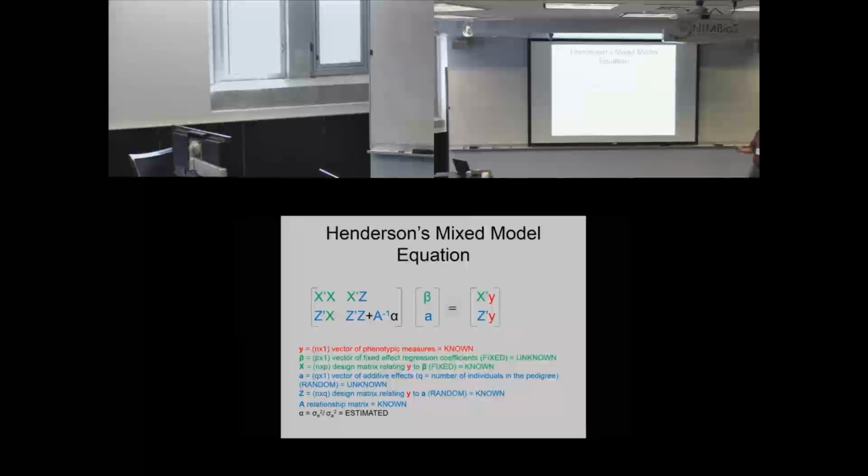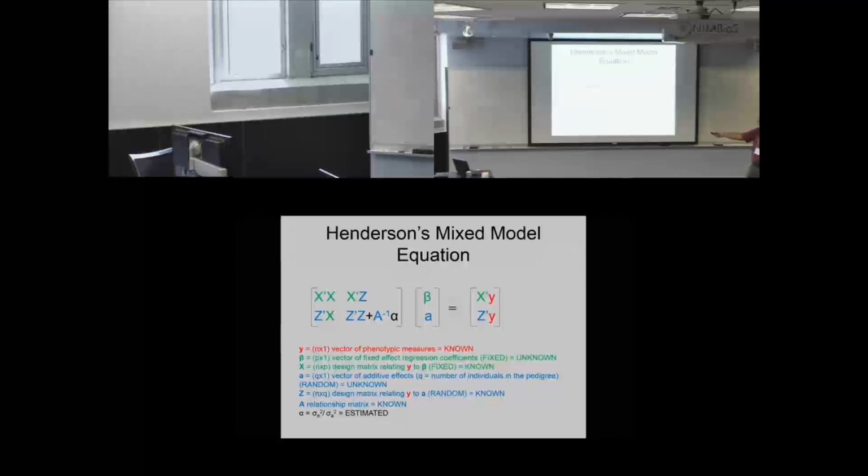In solving the problem, this is what it looks like. We've isolated the fixed effects and the random effects into one vector. This vector contains the regression coefficients for the fixed effects and the breeding values for each of the individuals. That's isolated from all of this, which you know.